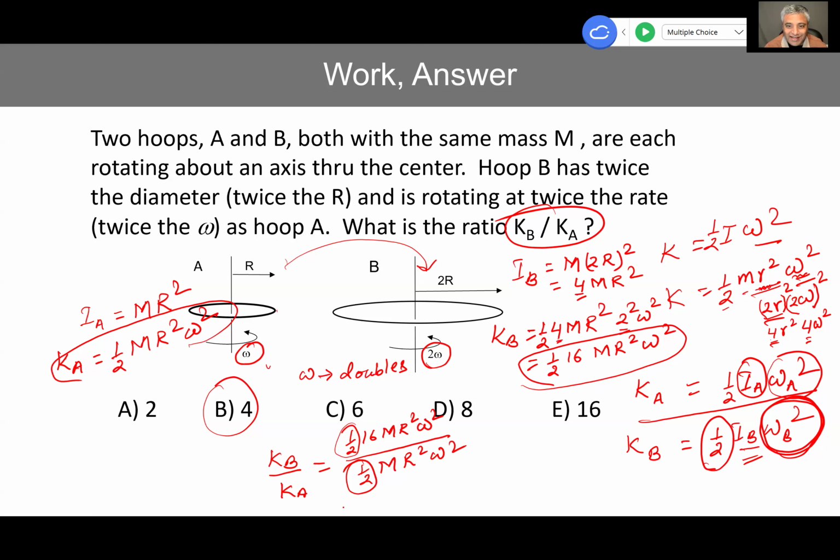The things that are not changing cancel when you take the ratio, right? And these things here cancel, leaving us just the factor of 16. So this is the systematic long way of doing it, but the short and quick way to answer this kind of question is maybe just use that, okay? Short version.